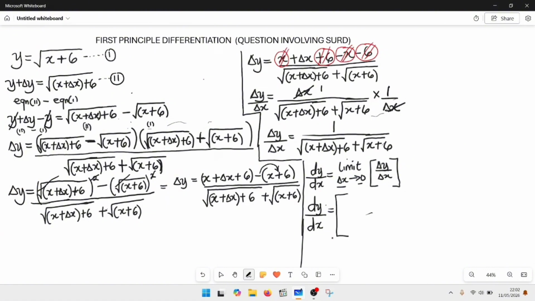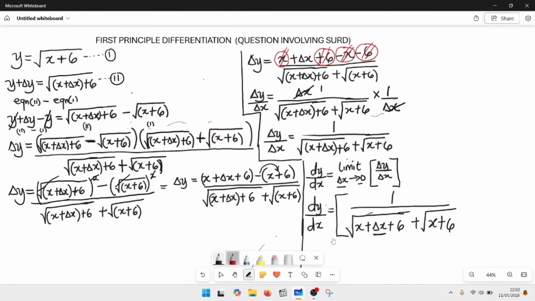This is the equation. 1 over square root of x plus delta x plus 6, right, and then plus square root of x plus 6, and delta x here is 0. So remember we said whenever we see delta x, change it to 0. If we change this guy to 0, you see that it's gone. Right, what will be our final answer?